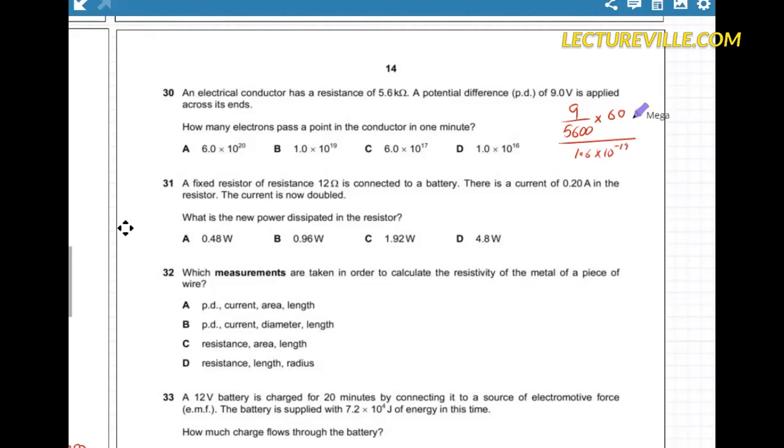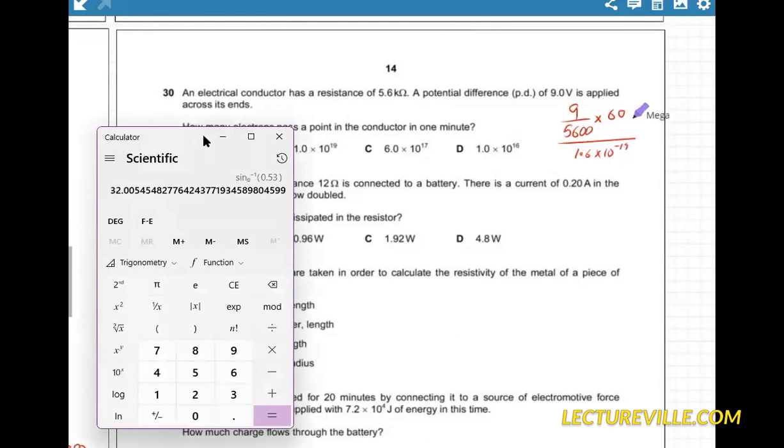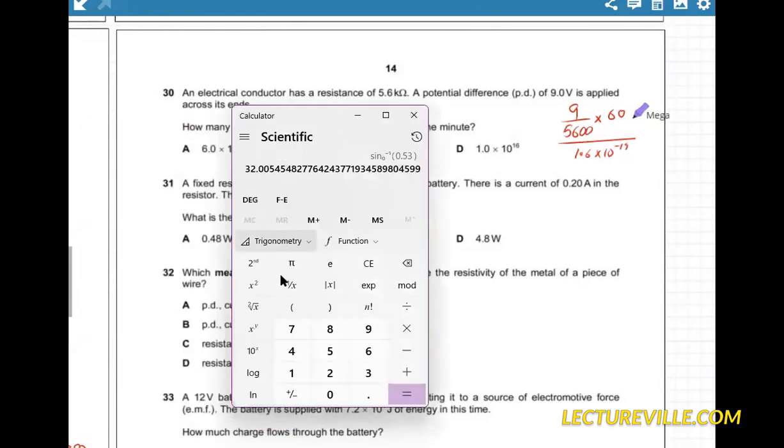So bringing the calculator, it is 9 divided by 5600, multiply by 60, divided by 1.6.